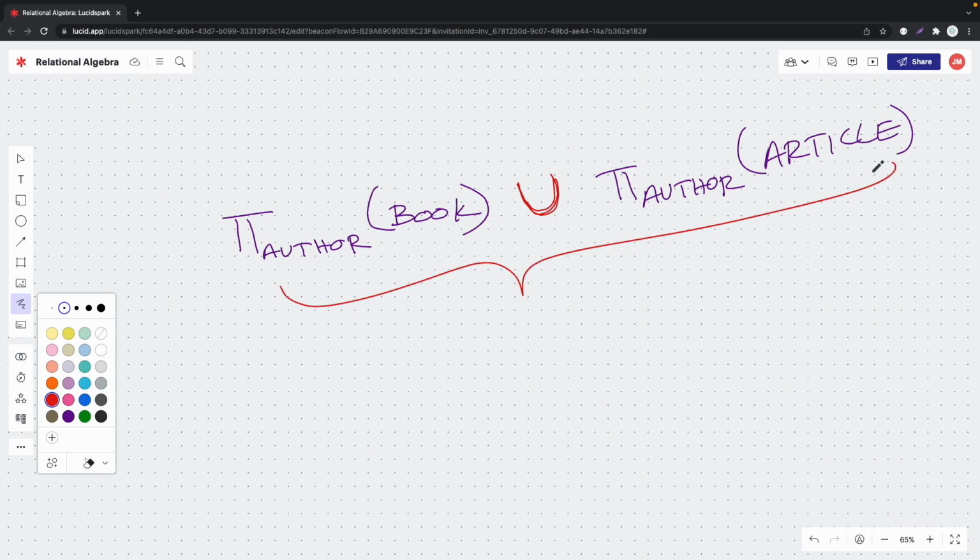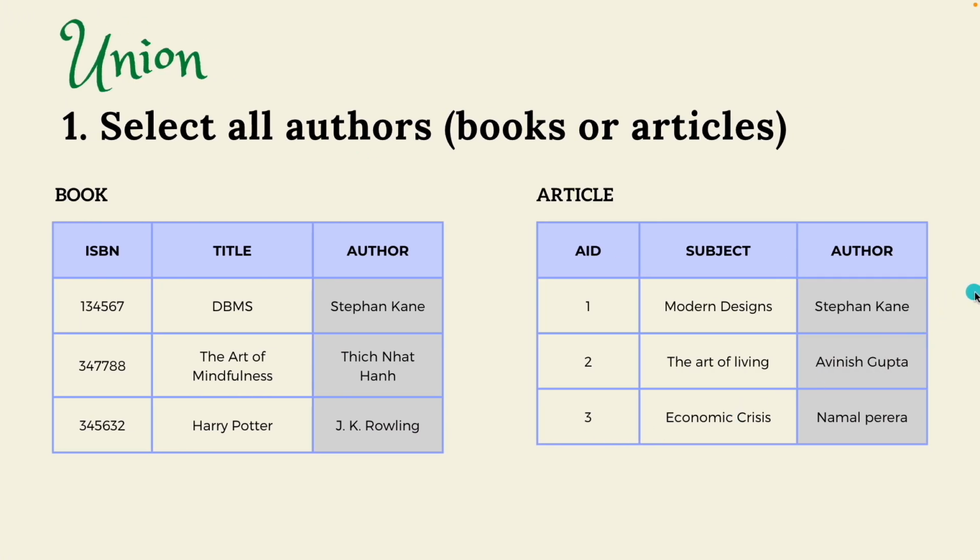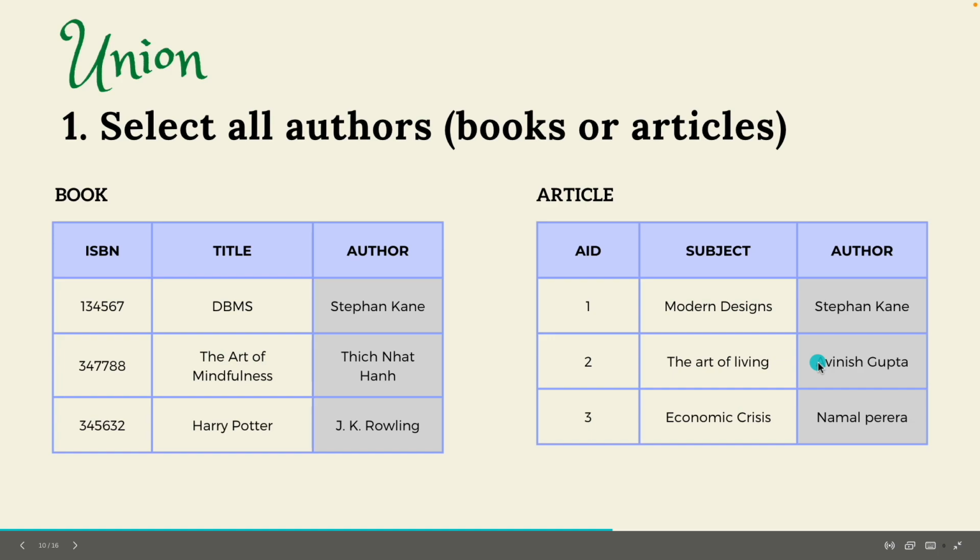This will give you all unique authors. Why unique? Because these are set operations. Okay, now if you get the union, you will get Stephen. You have Stephen here as well as here, so that you will get only one Stephen. So the resulting set will have only 5 elements, 5 names.